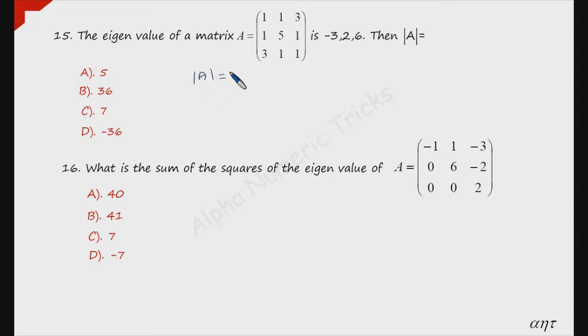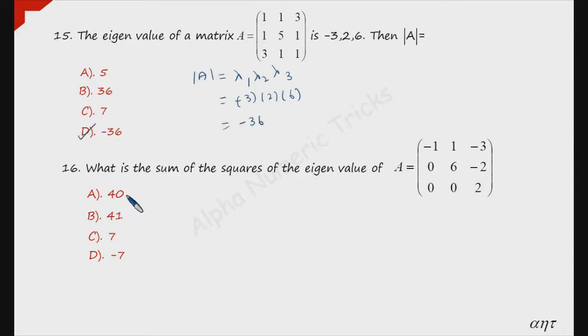Suppose lambda 1, lambda 2, lambda 3 are eigenvalues of the matrix A. Then determinant A is equal to lambda 1, lambda 2, lambda 3. That is minus 3 into 2 into 6. Minus 3 into 2 is minus 6. Minus 6 into 6 is minus 36. So minus 36 is the correct answer.